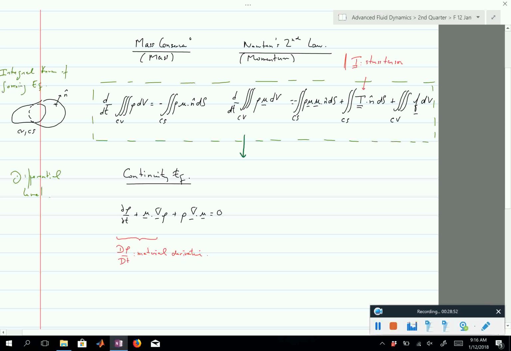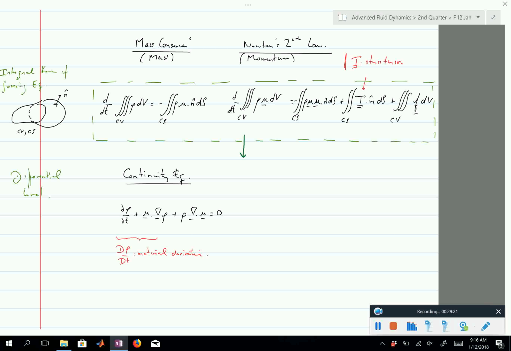And remember, the material derivative is a way to represent, with our more Eulerian-like coordinate system, how quantities change when you look at a piece of mass, at the material piece of mass, and follow it in time. Right? So when you're writing a conservation law, the most natural point of view is the Lagrangian point of view, where you follow a piece of mass.